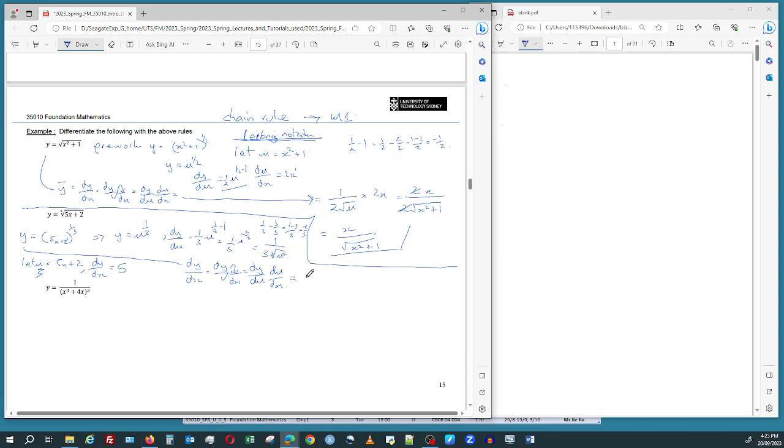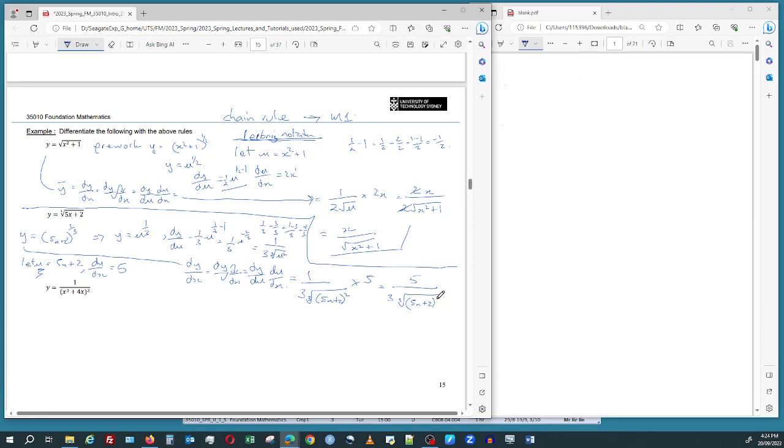So this one's going to be 1/3 the cube root of 5x plus 2, times, what was our other one? 5. So overall we get 5 on 3 the cube root of 5x plus 2, all squared.